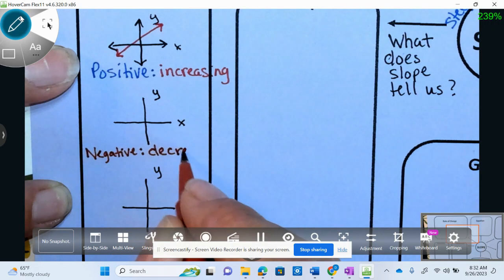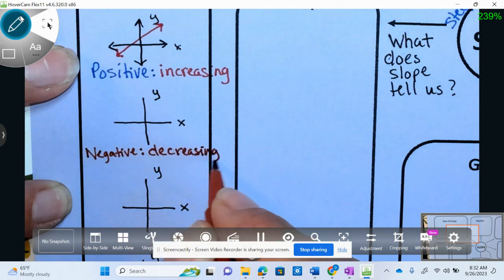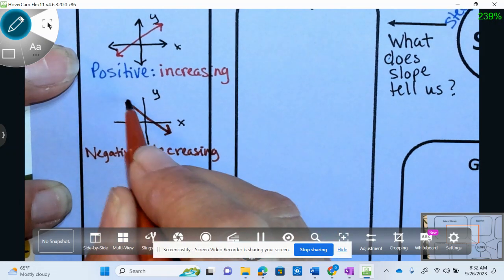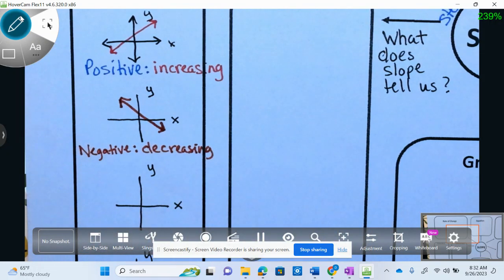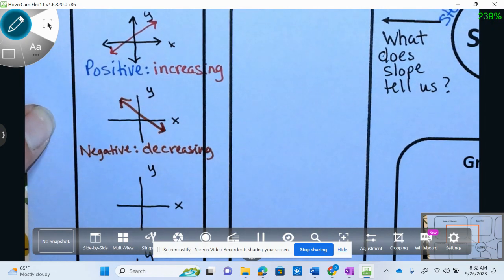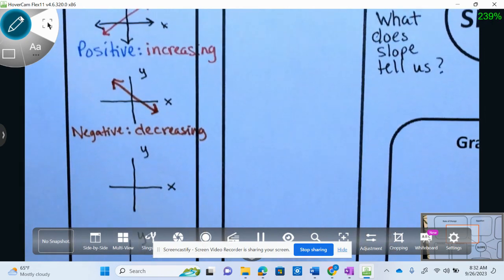Yeah, it's decreasing. It slants down. Sometimes we have special lines that don't have any slope at all.